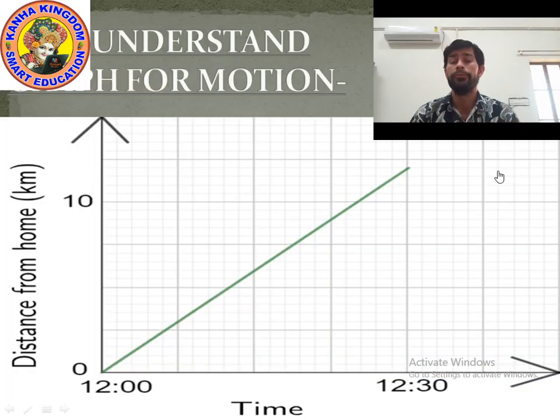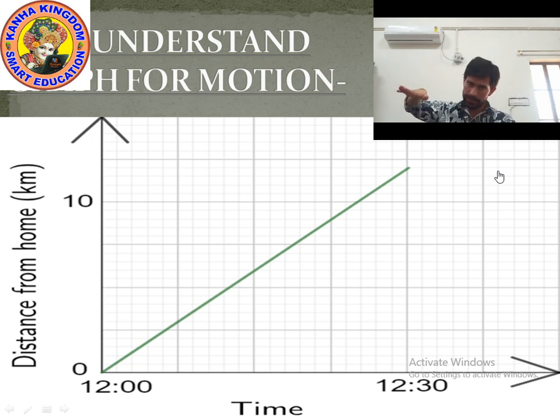We will understand uniform motion and non-uniform motion further with the help of graph. But before we start, let's understand the graph for motion. You might have drawn the graph in maths. In graph there are two axes, x-axis and y-axis.